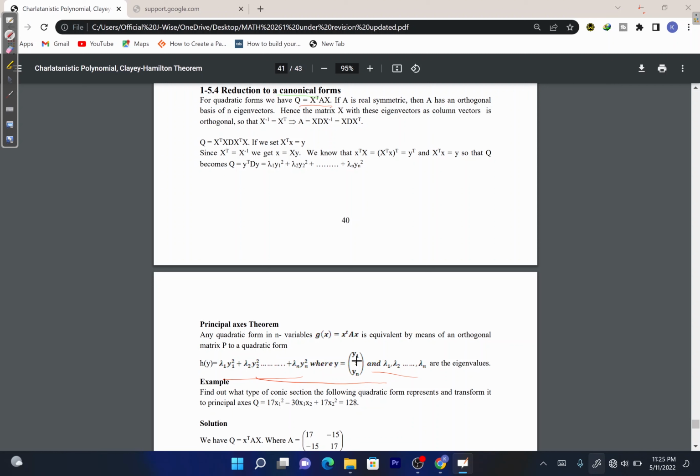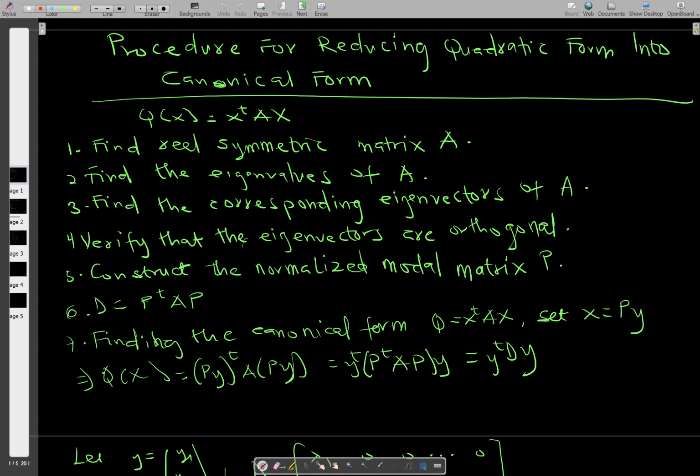Before we solve an example, let's study the procedures that would help us transform a quadratic form into canonical form. When you have a quadratic form, Q of x equals x transpose Ax.